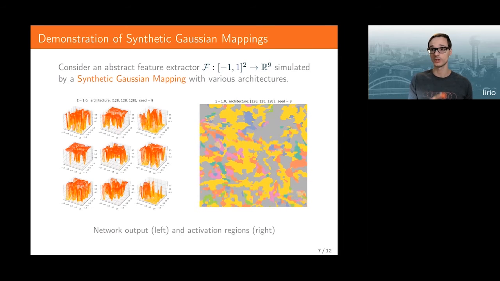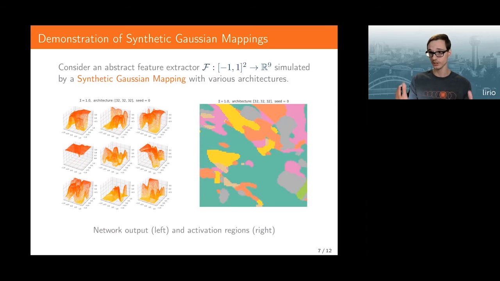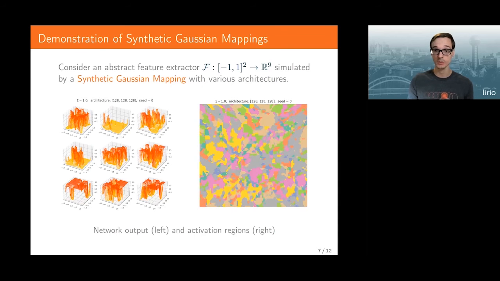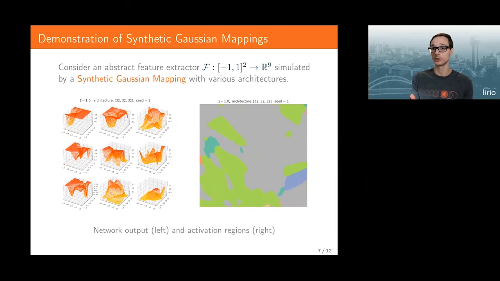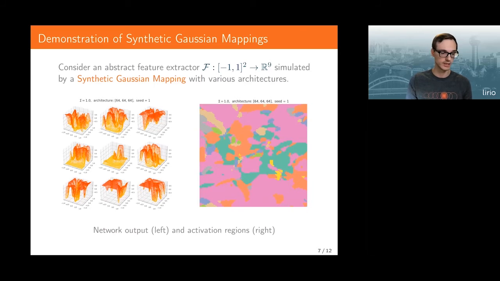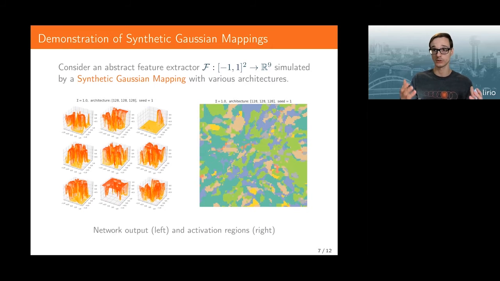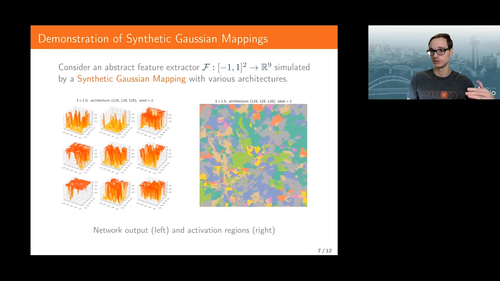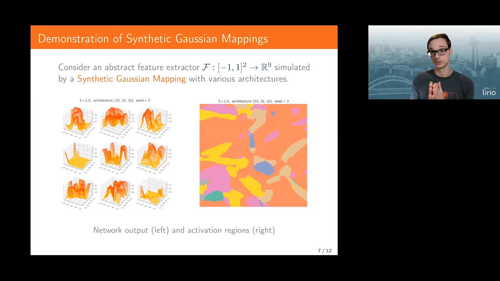And also what is very nice is that by controlling the architecture of the synthetic Gaussian mapping, I can control how intricate those feature extractors are. More specifically, using this approach, we can generate some kind of feature extractor to be used in our reward function, which in turn completes the construction of the synthetic personalization task.